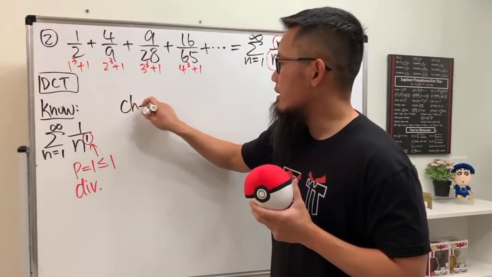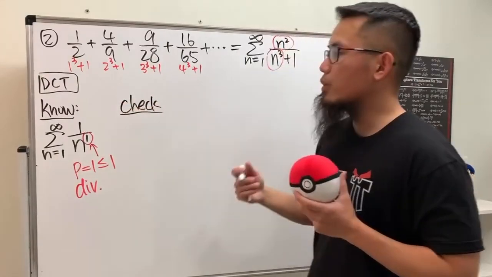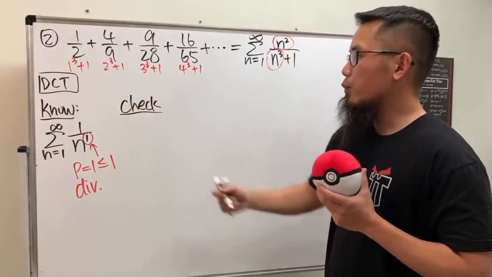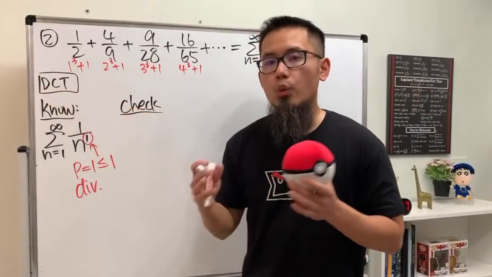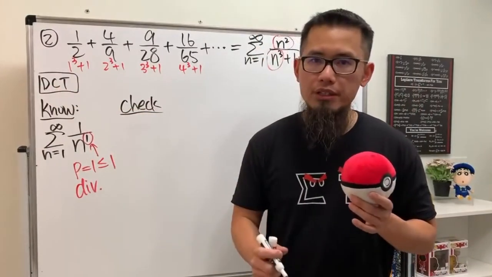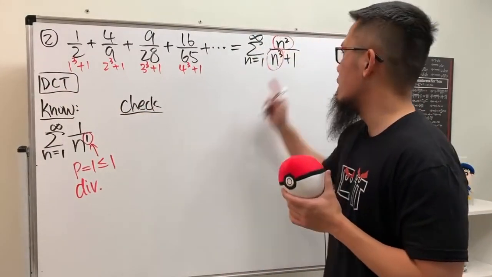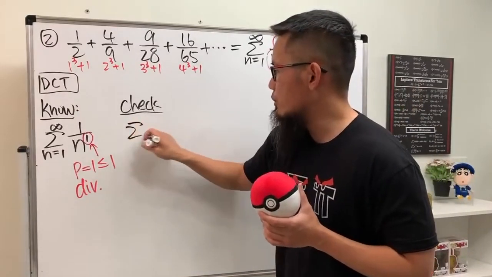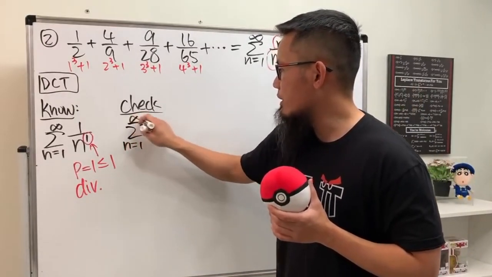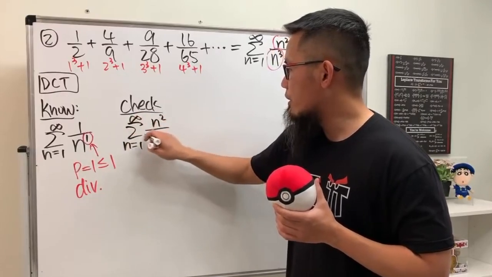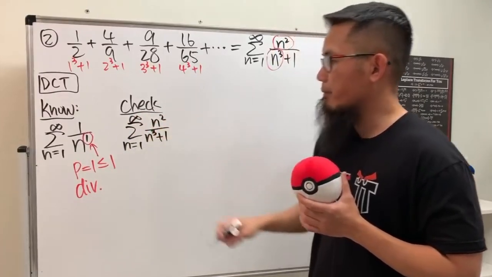Now, the next thing that we'll do is check. If we are doing the direct comparison test, we have to check inequalities. So this is how we do it. Put down the series we are trying to do, which is the series as n goes from 1 to infinity, n squared over n to the third power plus 1.